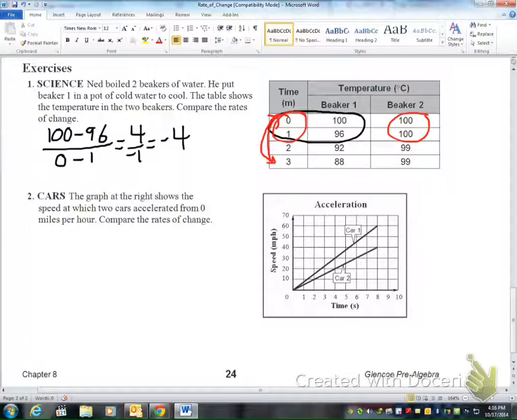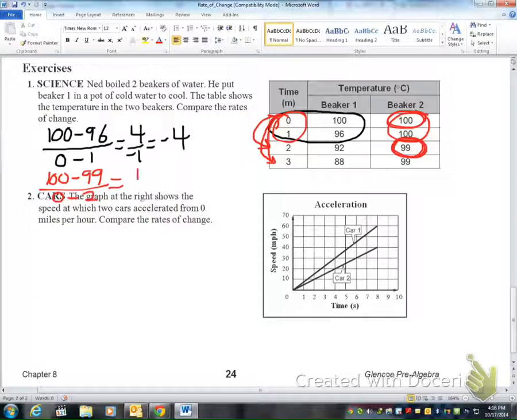This is because this one's not changing at a constant rate. It's decreasing. But if we look, say, from 0 to 2, I have 99 and 100. So 100 minus 99 over 0 minus 2.